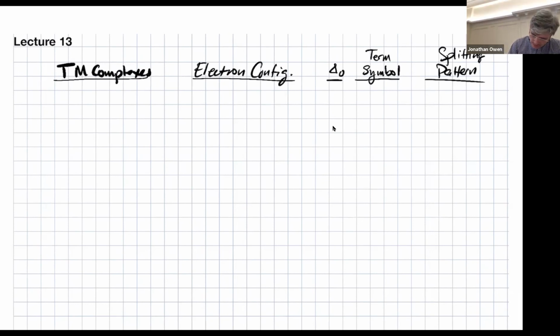Let's start off with our trusty cobalt-3 hexafluoride trianion. So 6 fluoride minuses around a cobalt-3 plus gives you a 3- complex overall. Cobalt has how many d electrons? Cobalt metal. Anybody?